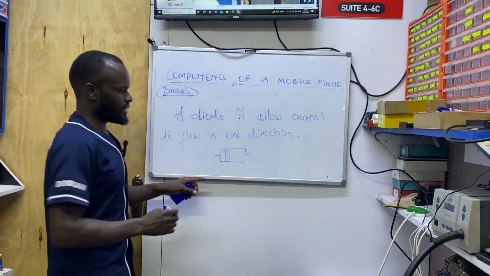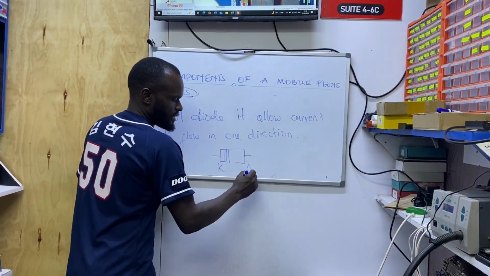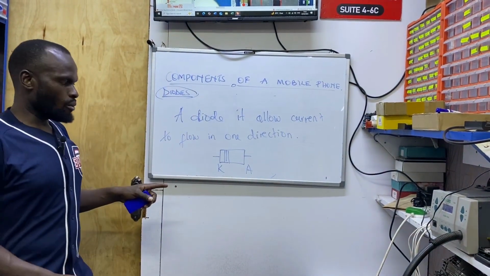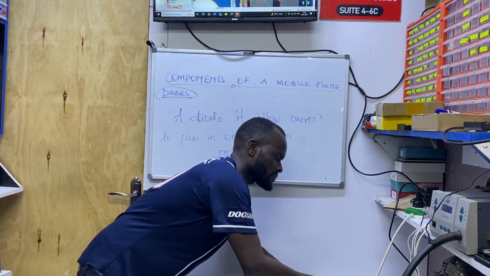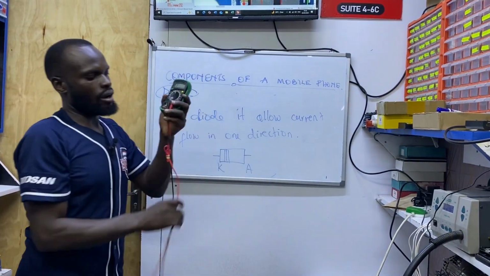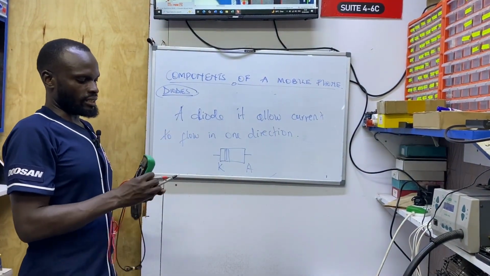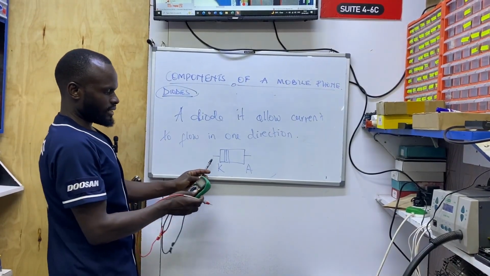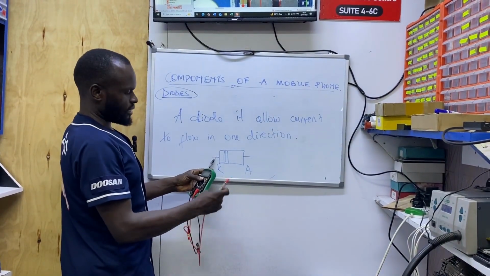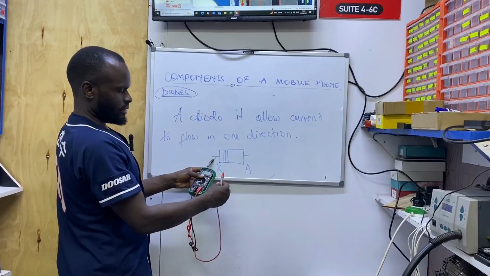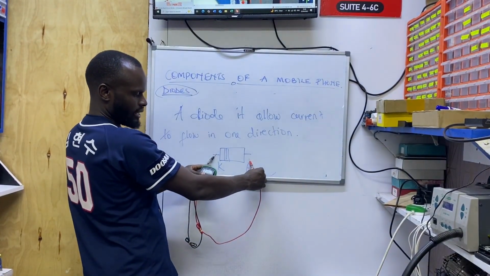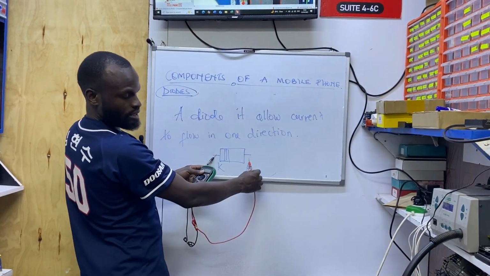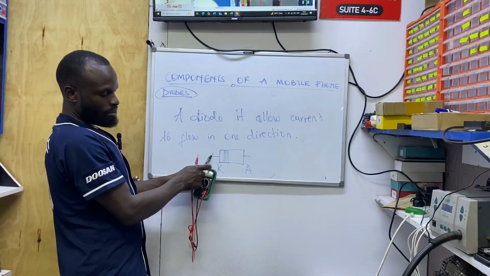So if this is the cathode side and this is the anode side, you put your negative probe here. I will not explain it too deeply, but I just want you to understand: the negative probe on the cathode, the negative side, and the positive probe on the positive side of the diode, and observe the reading.